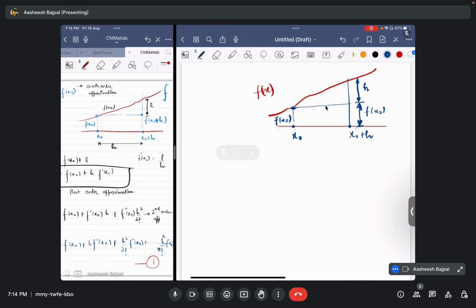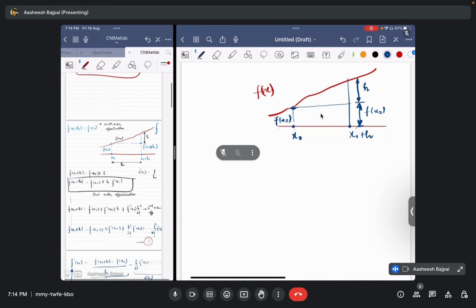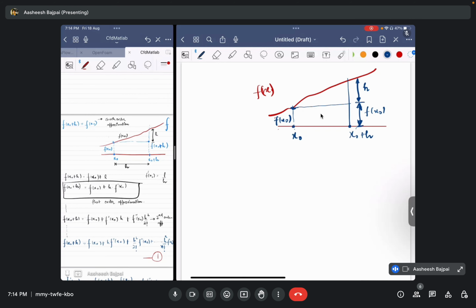If we just think in the first order sense, if f(x naught plus h) is equal to f(x naught), then this is called a zeroth order approximation.